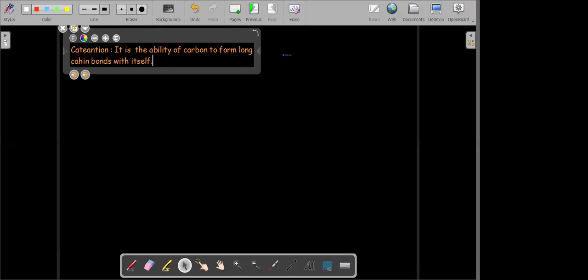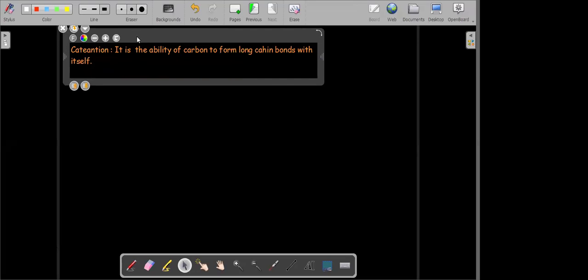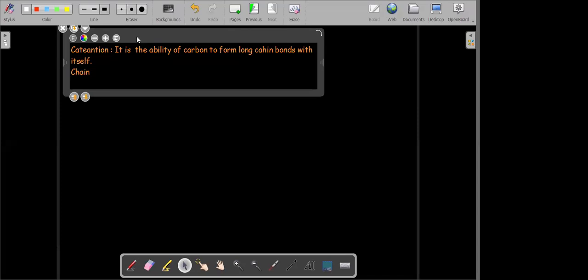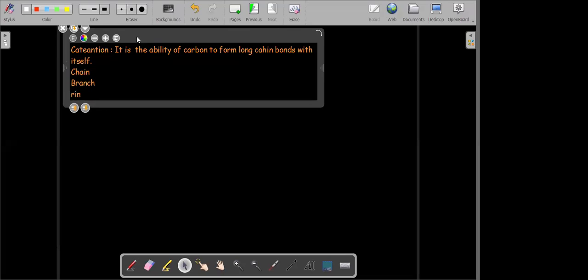So here we have three types of catenations. First, we'll see the formation of a chain. Then we'll see the formation of a branch. Last, we will see the formation of a ring.